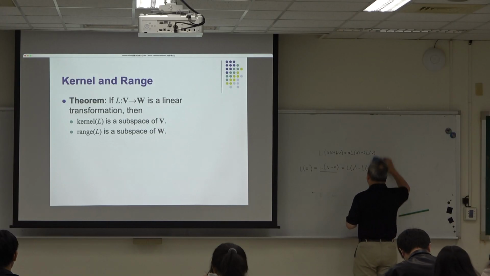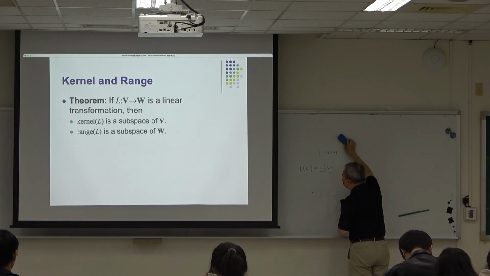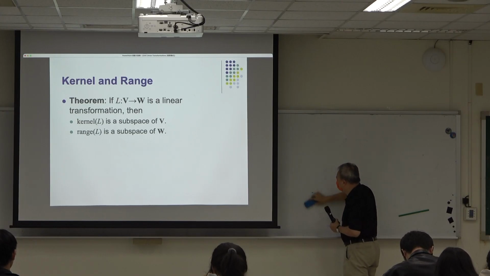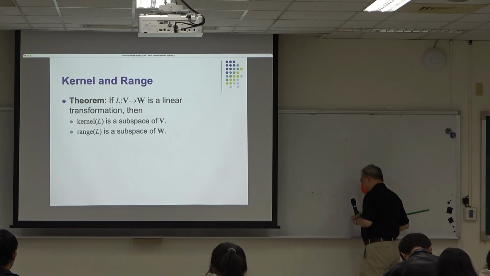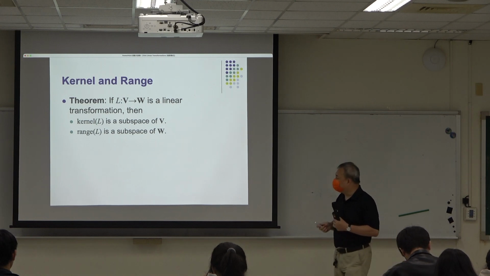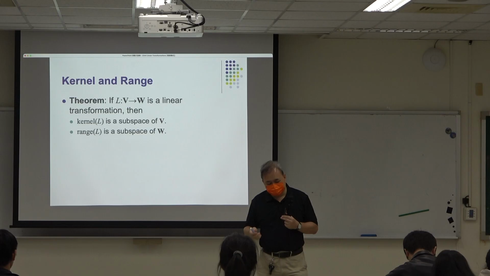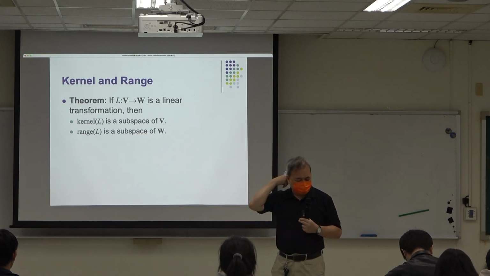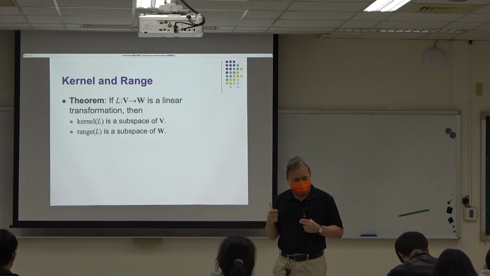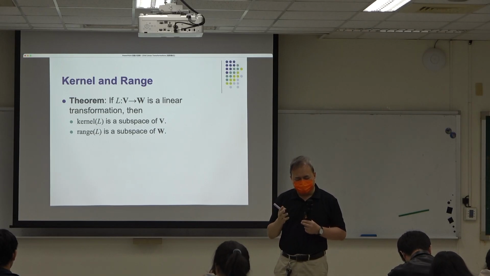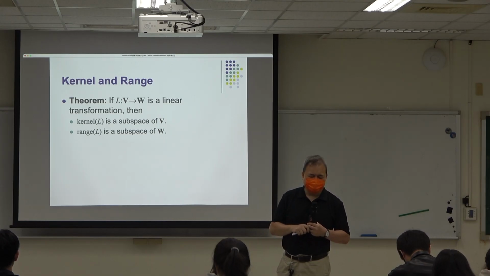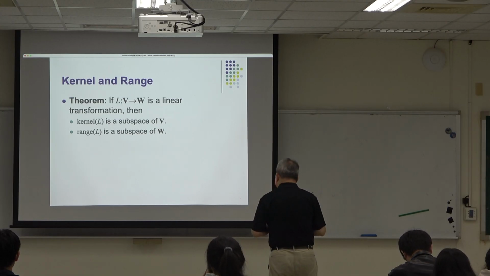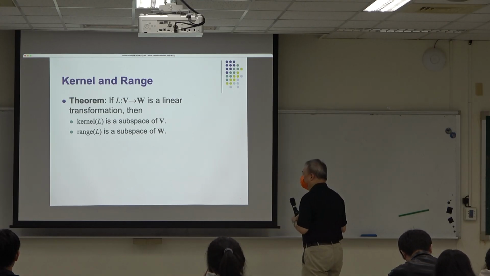How about the range? The range is the collection of vectors in W such that there are some vectors that map through this L into these vectors. Obviously, first we need to show the range of L is non-empty.